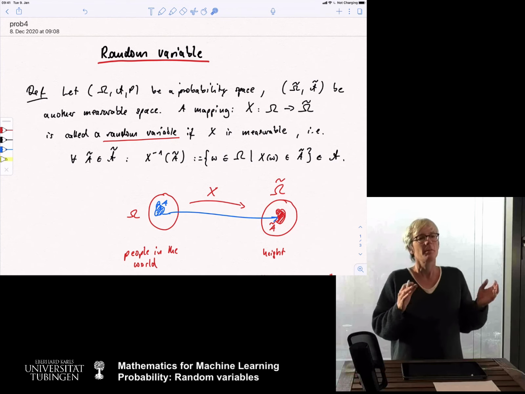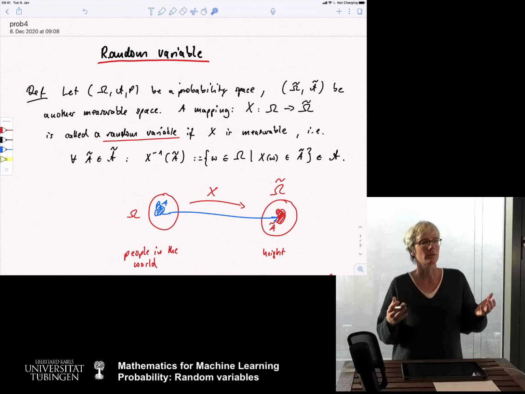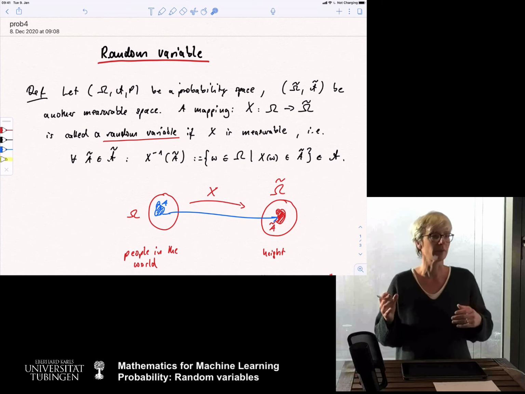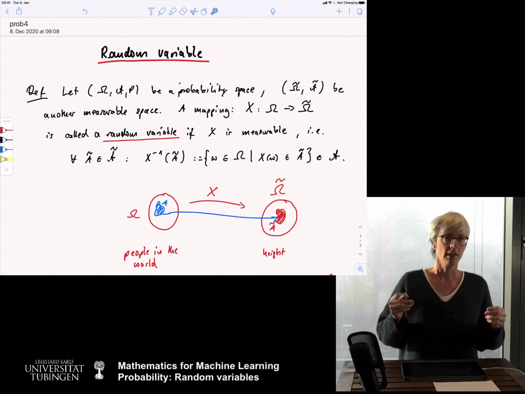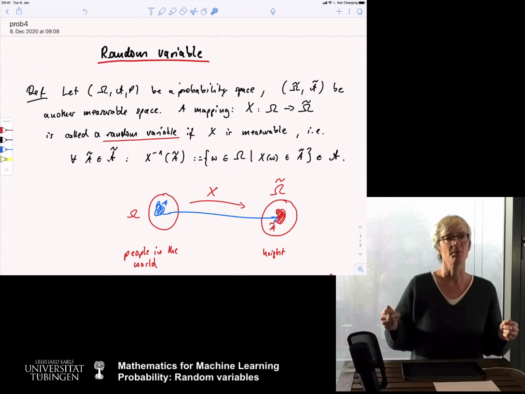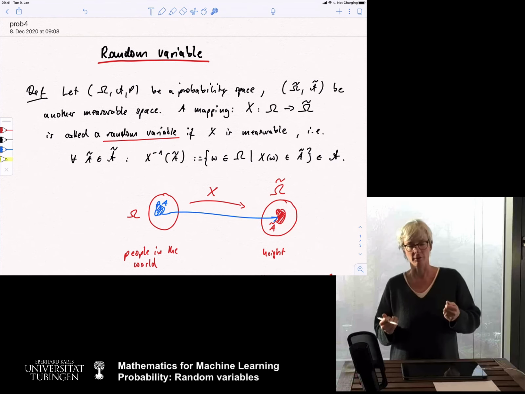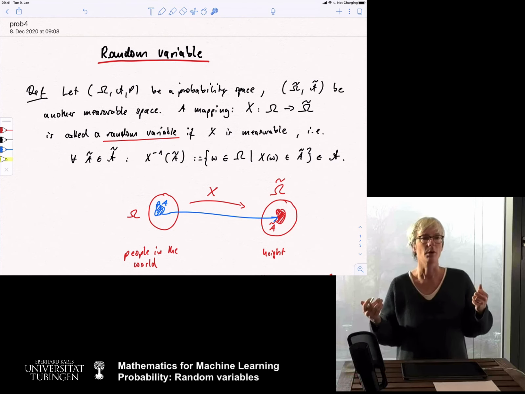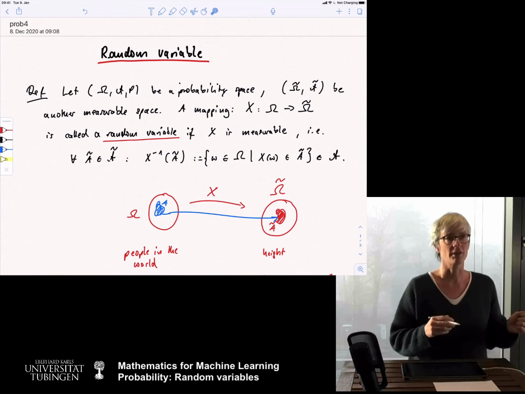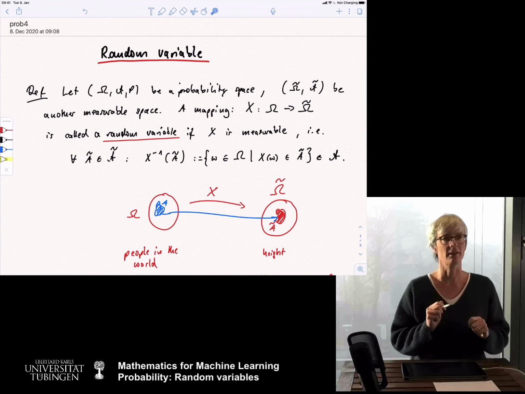Now, of course, one can play with how one constructs a sigma algebra. So it could be that you have different choices for the sigma algebra. And if you say, I really want to measure the height of people, then you can ask yourself, what is the smallest sigma algebra that I actually need to make that a random variable?